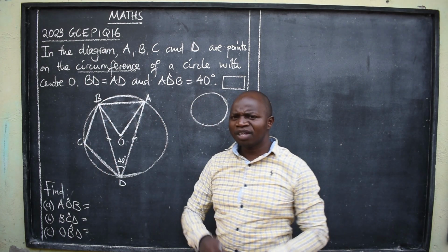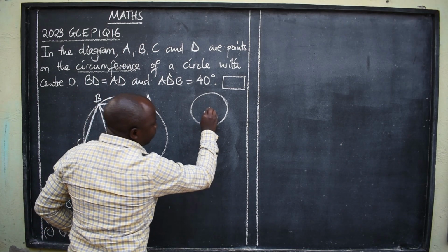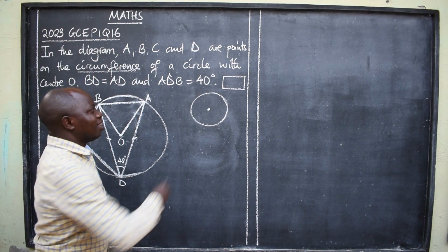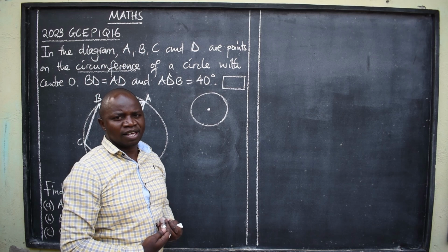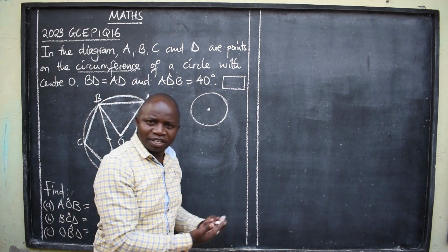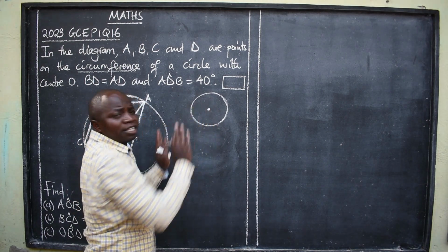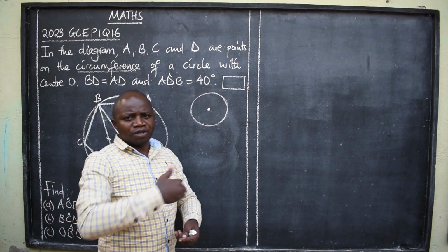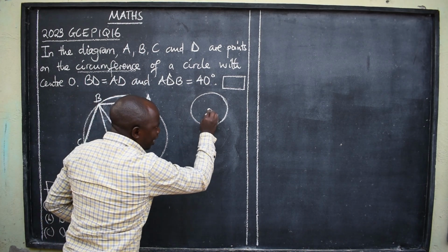Clear? From there, a circle has got what is that called? The center. This is the center. I am not saying in all the questions you will encounter, there will be a center. Some questions, there will not even be a center there. We'll look at some examples as we move on. Okay, so now here we have a center.